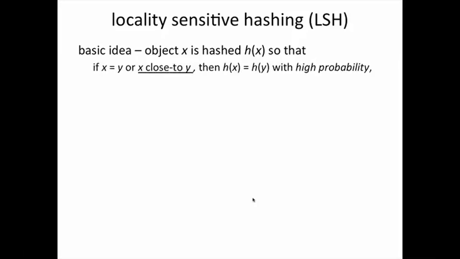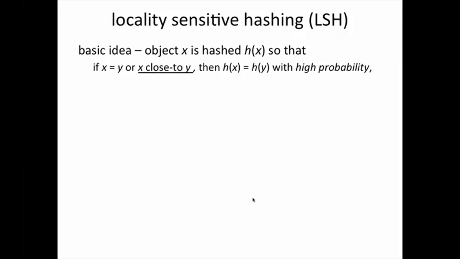Let's see how. The basic idea of locality-sensitive hashing, LSH as we shall refer to it going forward, is the following. It's hashing, so an object x is obviously hashed to something called h(x), in a manner such that if x and y are two objects, and if x is close to y, then the two hash values are equal with high probability.